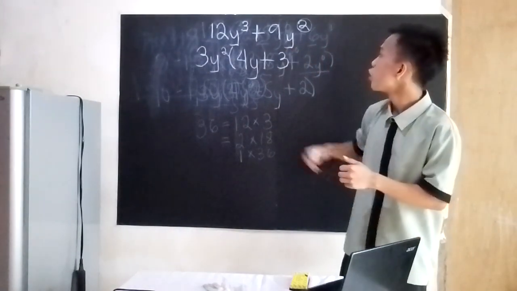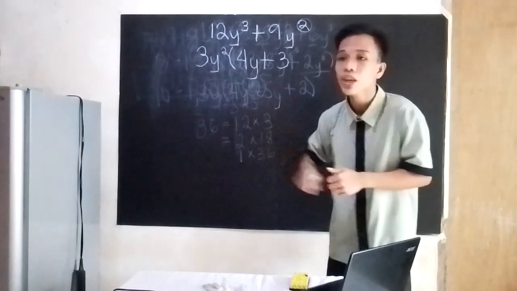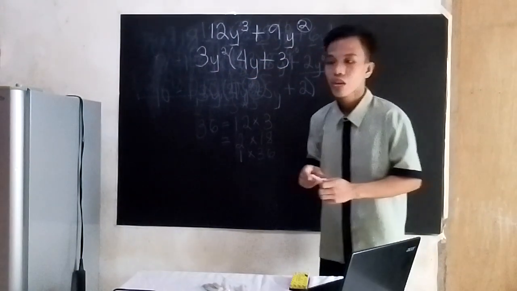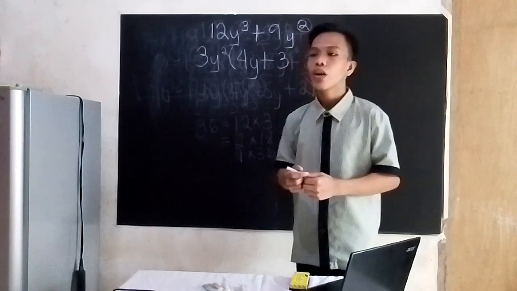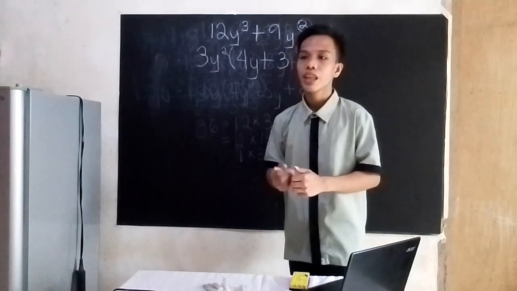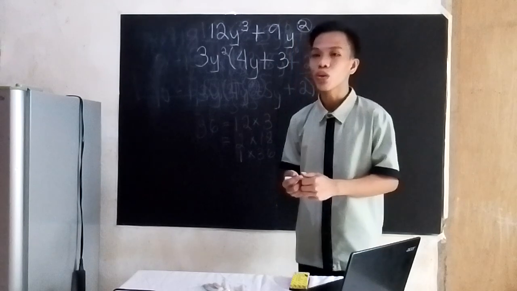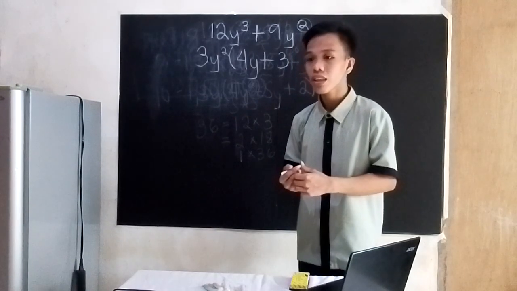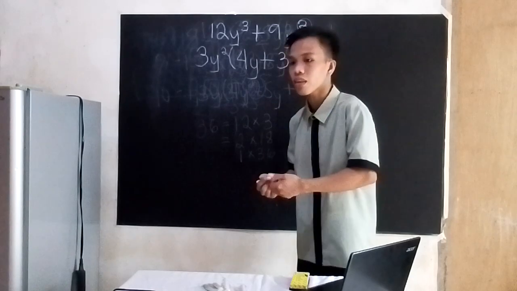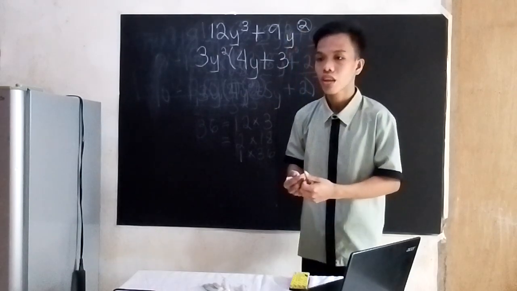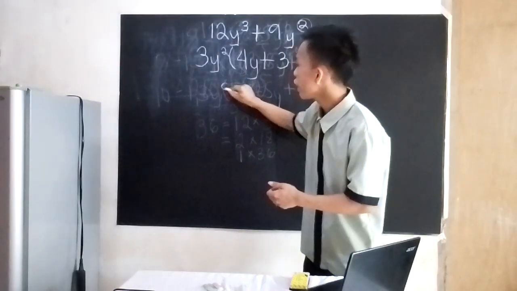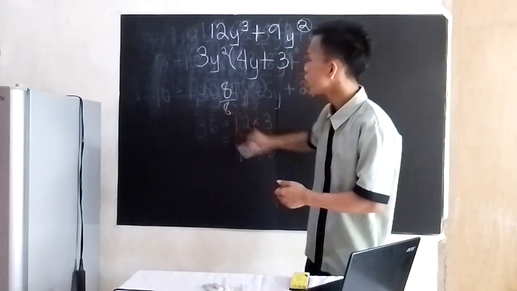Next, what is y squared divided by y squared? So, do you remember any number that is divided by itself, the result is 1? Multiplication identity, reciprocal identities. So, for example, you have 8 over 8.